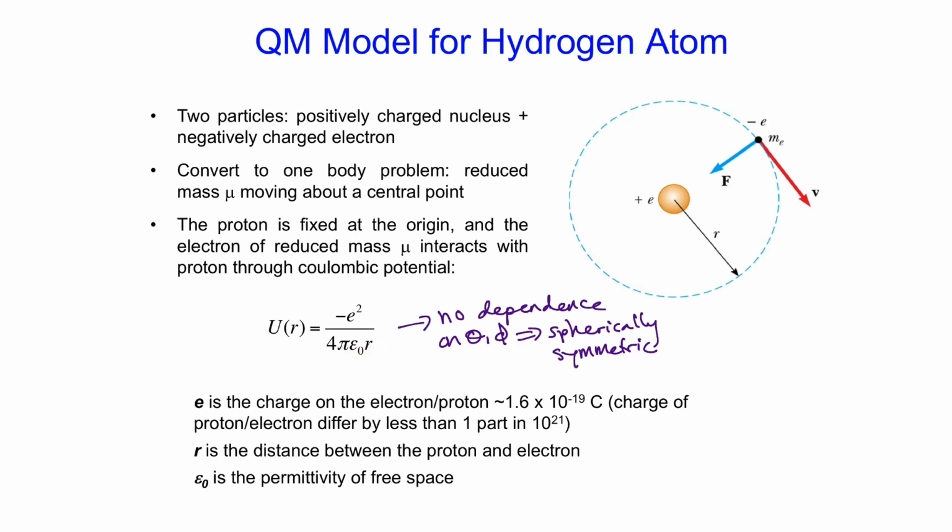So we have a spherically symmetric potential, which means we can be better off working in spherical coordinates rather than Cartesian coordinates. We'll stick with our spherical polar coordinates for this problem as well, just like we used for our rigid rotor.